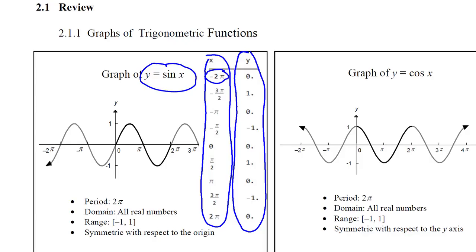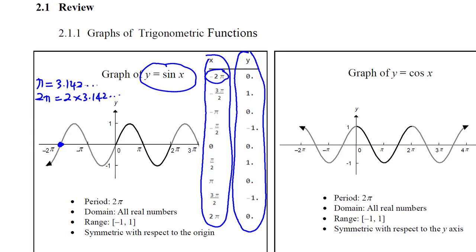Remember, pi equals 3.142, so 2 pi means 2 times 3.142. You can imagine where 2 pi is, you get 6 point something. So 2 pi is here, and at negative 2 pi, y is 0.